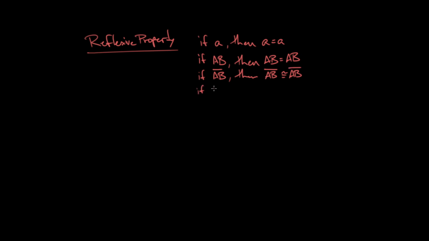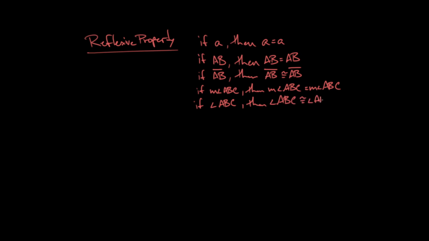It's also going to be true for angles. So if I have the measure of angle ABC, then the measure of angle ABC will be equal to the measure of angle ABC. Or if I just have that angle, if angle ABC, then angle ABC will be congruent to itself.